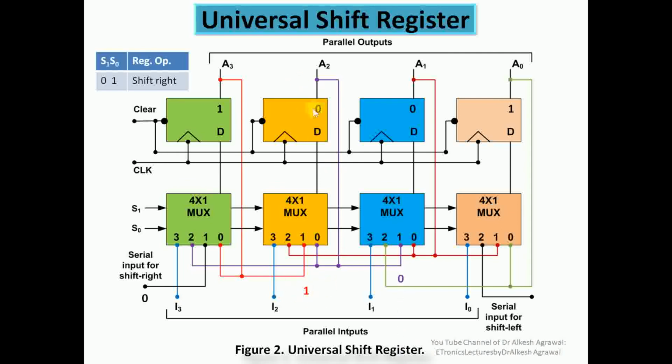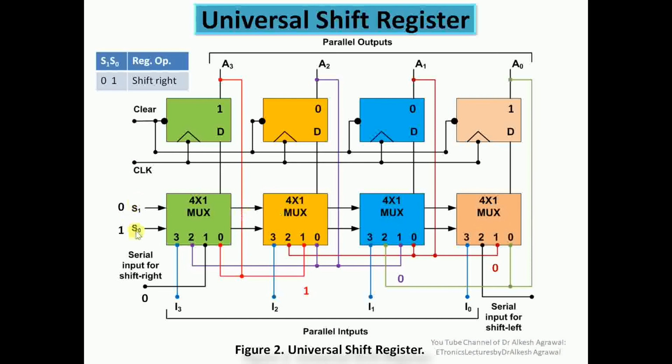This 0 which is stored in the second flip-flop is, through this short connection, coming to the 1 channel of the previous multiplexer. This 1 stored over here comes through this connection at this input, the 0 stored over here comes through this connection at this input, and again this 0 stored over here is coming at this input at the 1 channel.